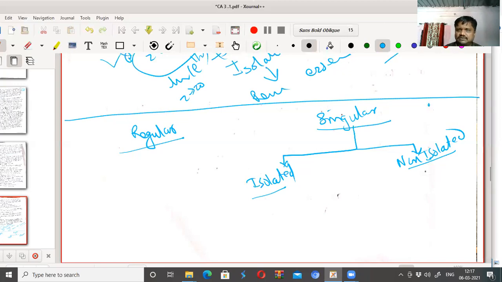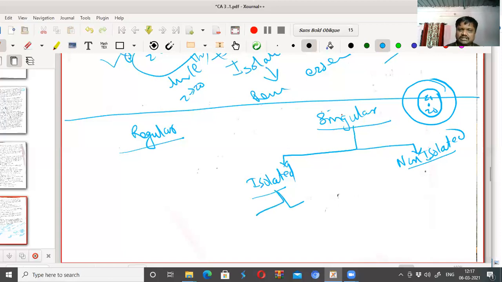For example, suppose z0 is the singularity of this function. If except z0, for every point around this the function is analytic, then this singularity is called isolated. And if for every neighborhood of z0 there is one more singularity, then we say that z0 is non-isolated.